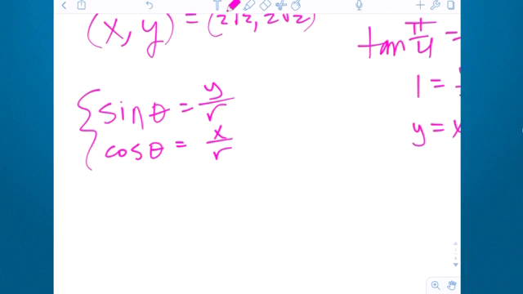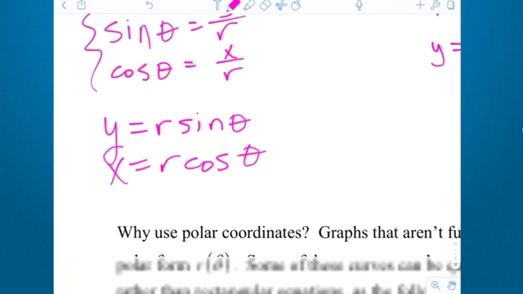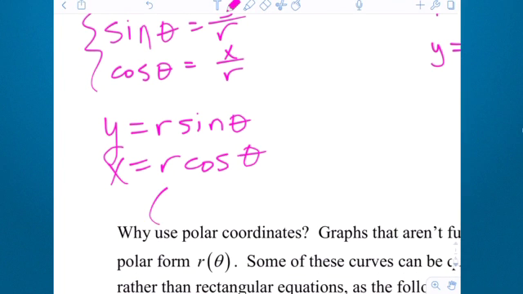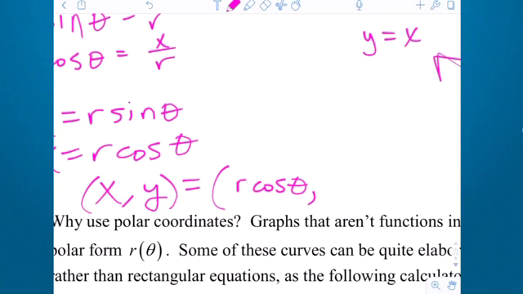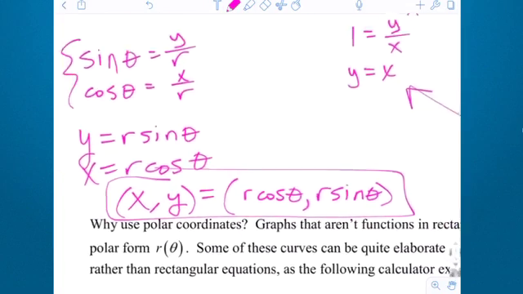If I solve the top one for y, I get y equals r sine of theta, and x equals r cosine of theta. So here's actually a preferable way. The coordinate x, y, if you know the point in polar coordinates, is just r cosine of theta, r sine of theta. And you don't have to do it by a system of equations anymore.